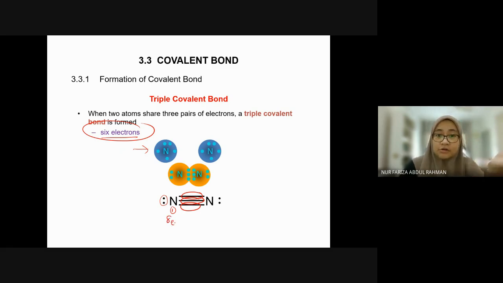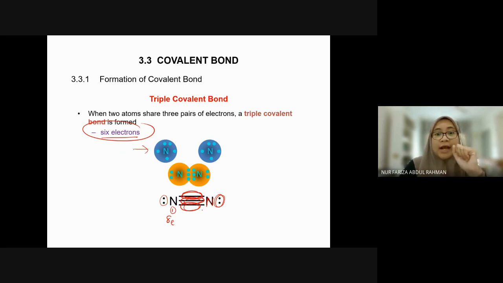That means it's octet. Same goes for this nitrogen. 1, 2, 3, 4. So there are 4 pairs of electrons involved, which is 1 from the lone pair and 3 more from the bonding pairs.